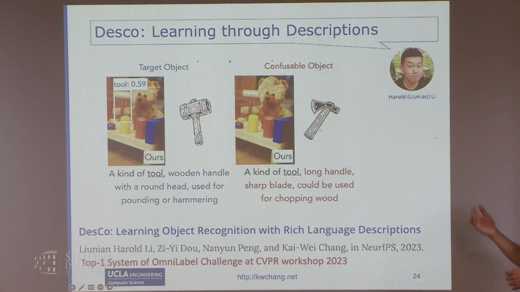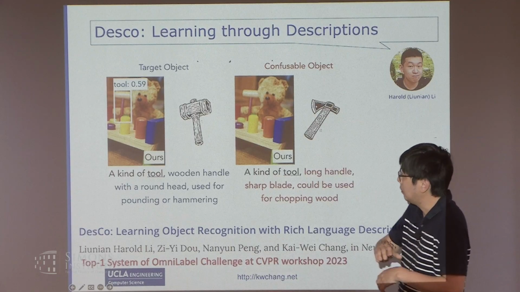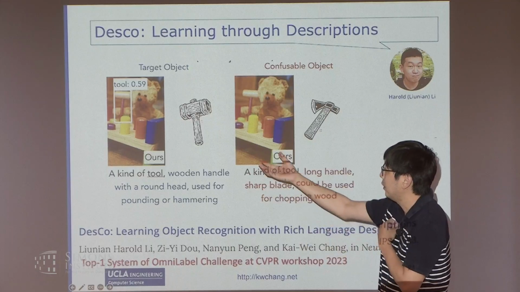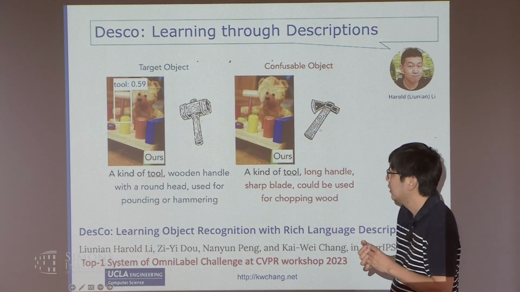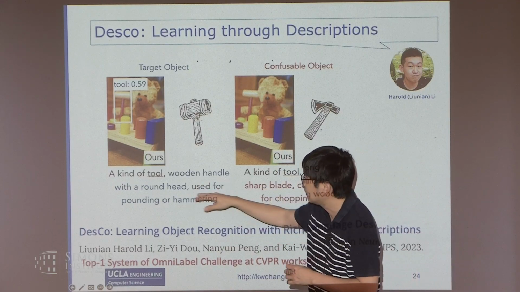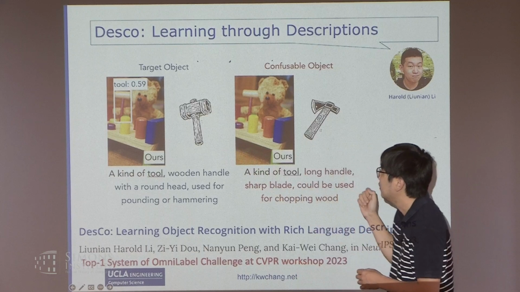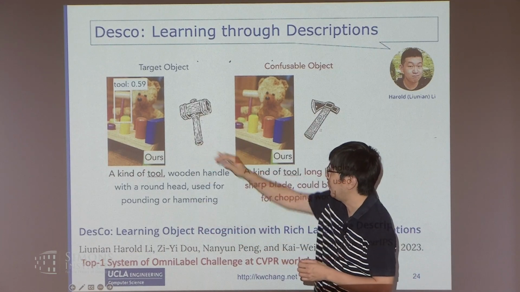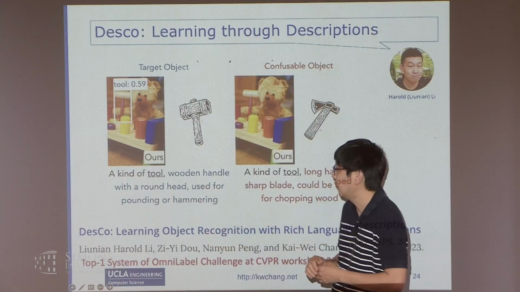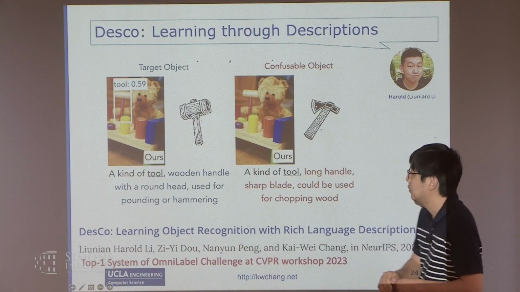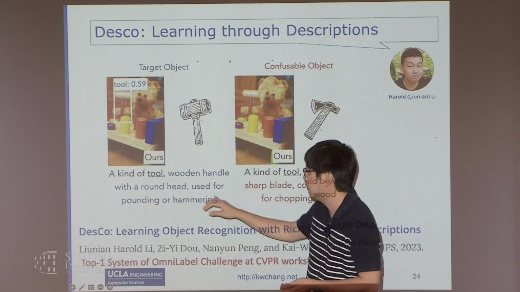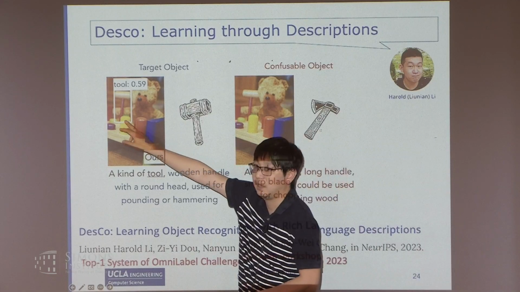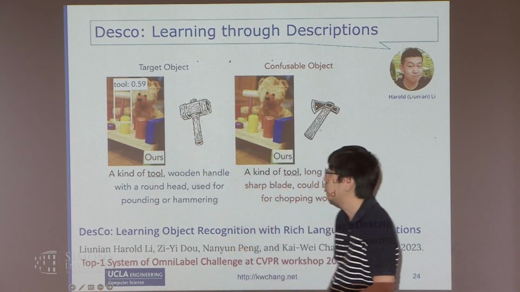So one thing we find is that if we want to really use the description and teach a model to recognize that object at inference time, the model needs to really understand those descriptions and capture the right thing. So if I provide a description of this mallet, for example, I say I want to identify the tool that has a wooden handle with a round head used for pounding and hammering, the model should be able to recognize this hammer in this image.